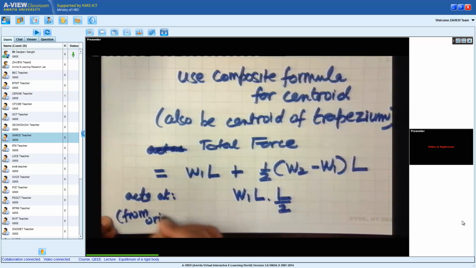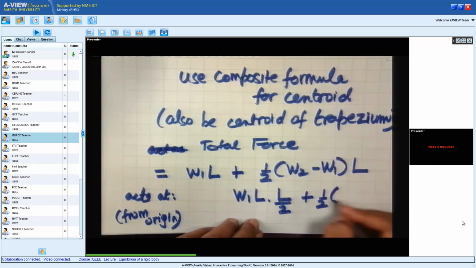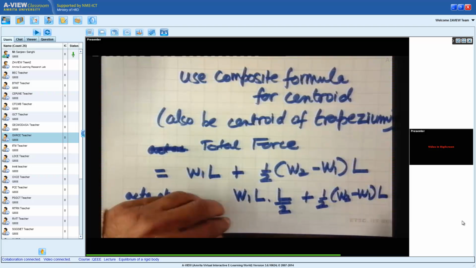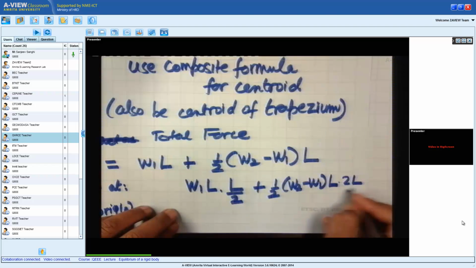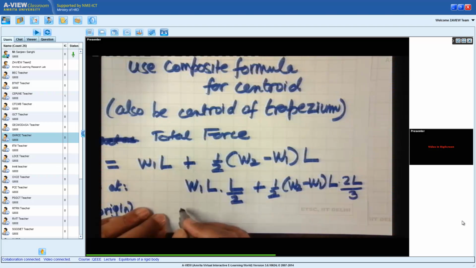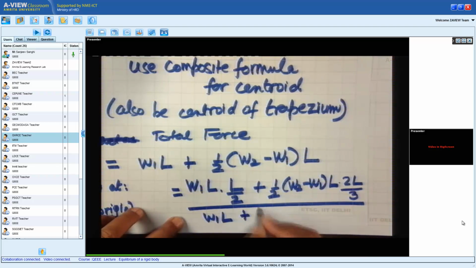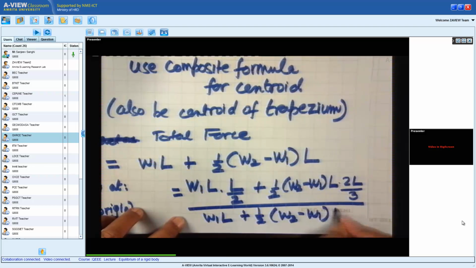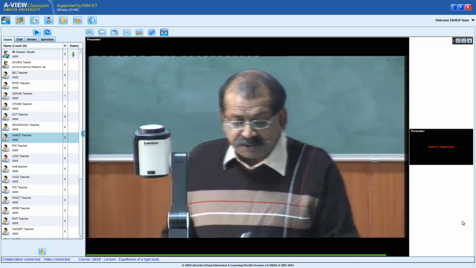This is very important. Then we have half of W2 minus W1 times L, and this acts at a distance of 2L/3. This is the total moment, and this we divide by W1L plus half of W2 minus W1 times L. So this is where we will get where the effective force acts.